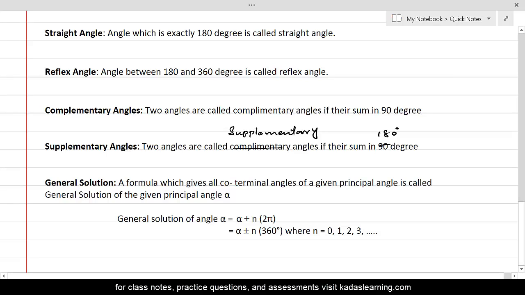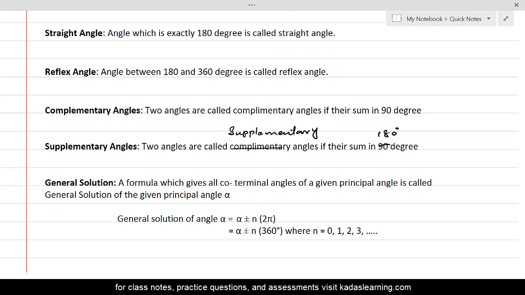We have discussed earlier that if there is a given principal angle, and we continue to add 360 degrees, if we are doing questions in degrees, and 2 pi if we are working in radian mode, then any integral multiple of 2 pi or 360 degrees doesn't change the location of the terminal arm. Therefore, that is considered the same angle.